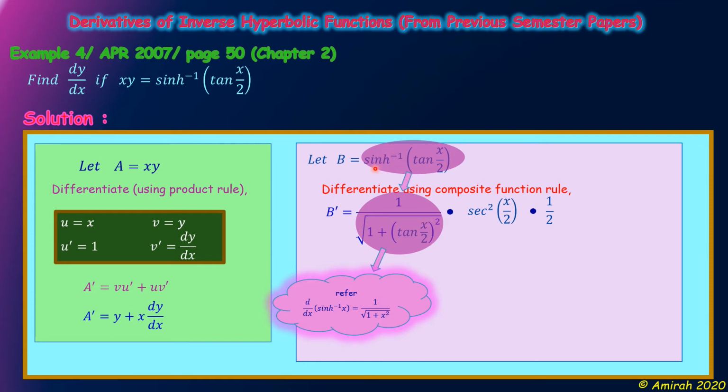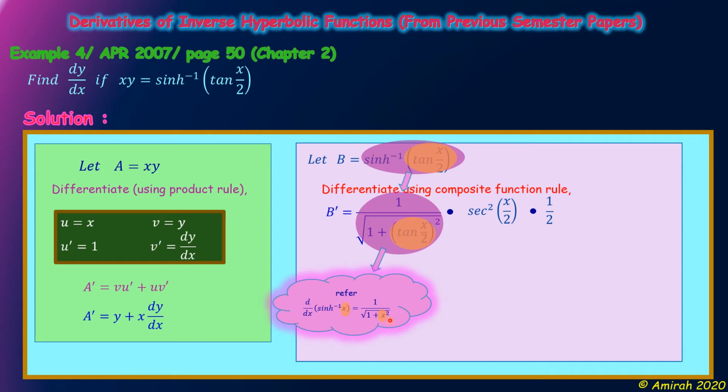If we want to differentiate inverse sinh tangent x over 2, we can refer to the formula for inverse sinh x. We just assume inside inverse sinh is x. From the formula, the derivative of inverse sinh x equals 1 over the square root of 1 plus x squared. Now our x is tangent x over 2 here.